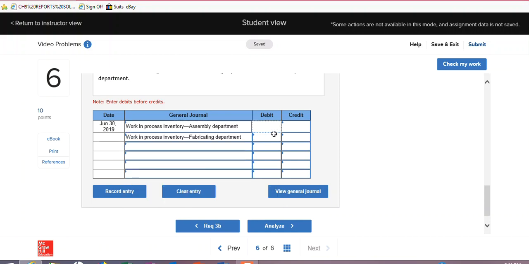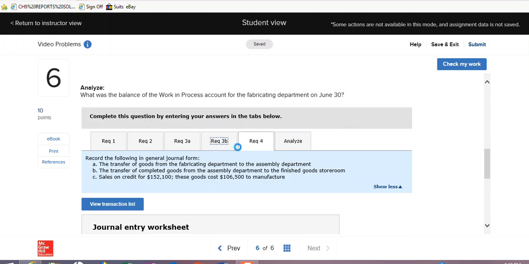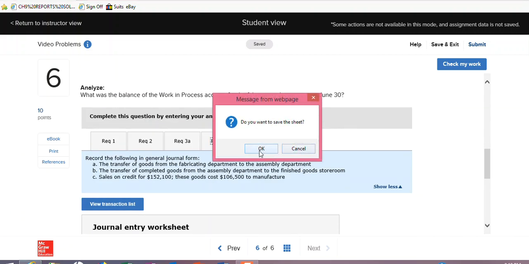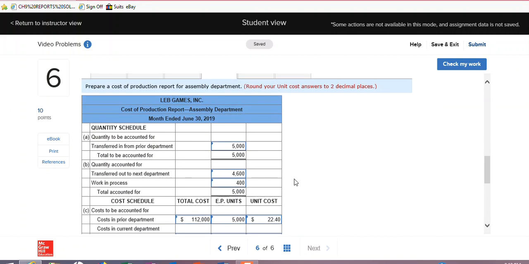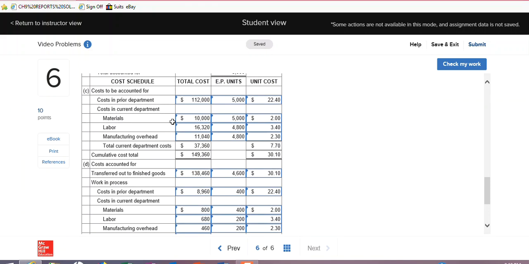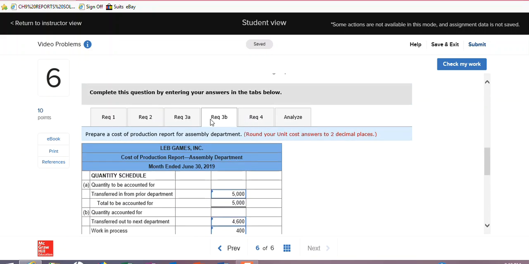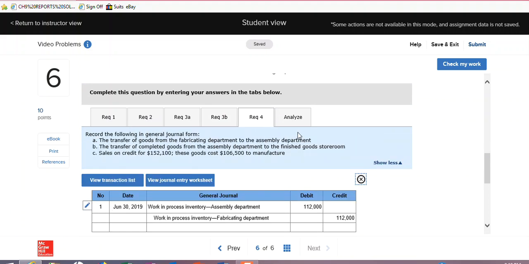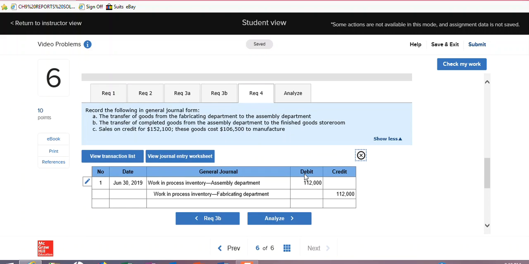And that was $112,000. Our cost in prior department, that when we did 3B, that was $112,000 that we calculated that we sent in. So here's the entry number 1.